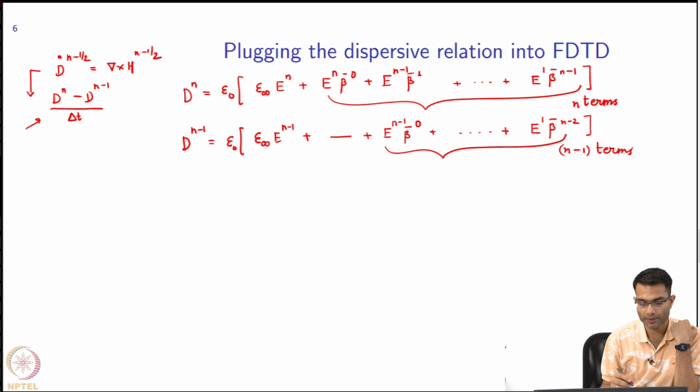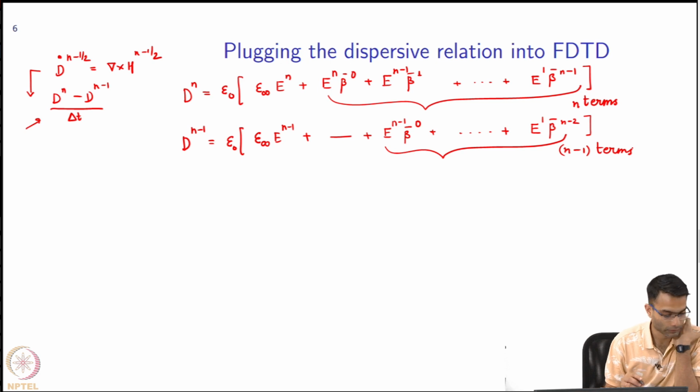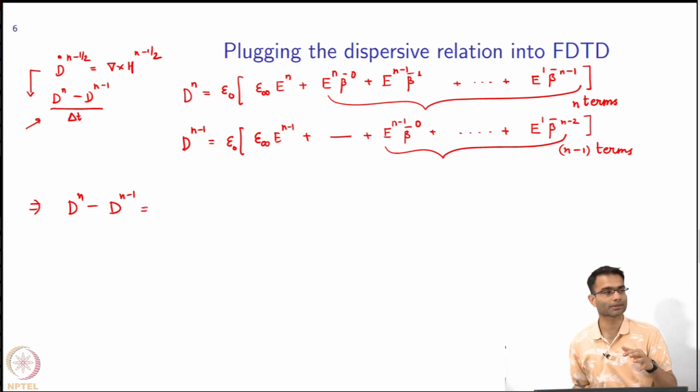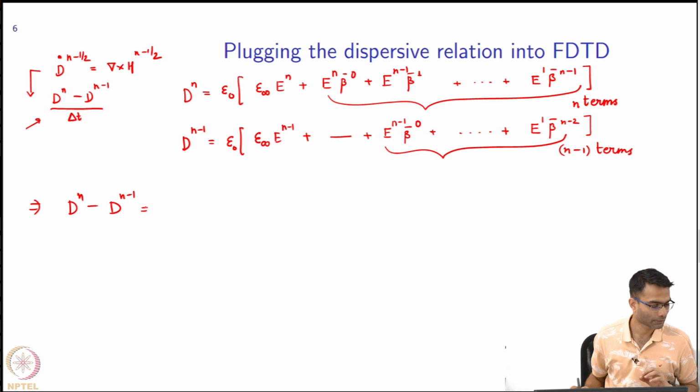Okay. So now what do we have to do? We have to subtract these two characters and divide by delta t. So let us write that over here, d n minus d n minus 1 is equal to. We should do this subtraction a little bit intelligently.